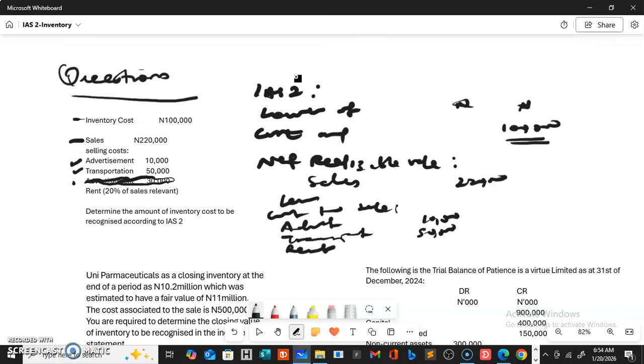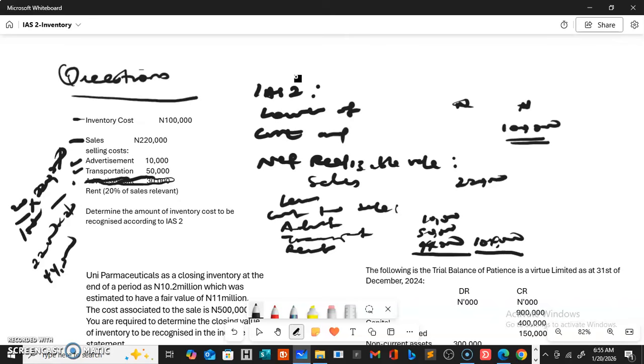We're told that rent should be 20% of sales, or 220,000. Take this out, we're left with 2,200. 2,200 times 20 gives us 44,000. So we have our rent as 44,000. When we add this up together, 10 plus 50 is 60, plus 44 gives 104,000.